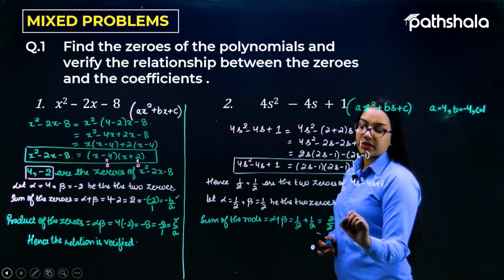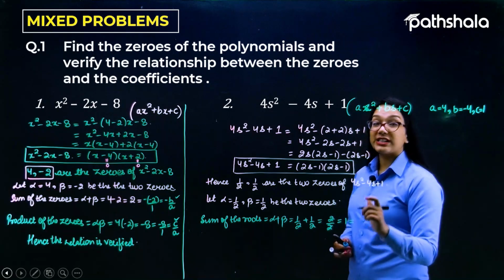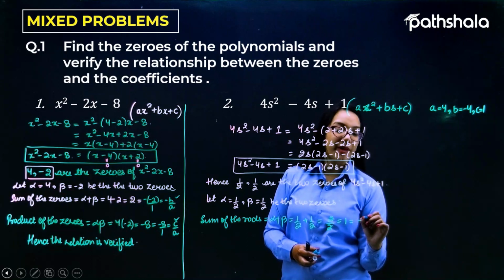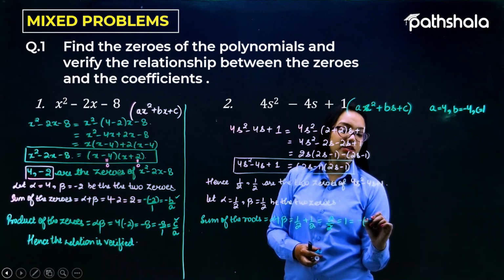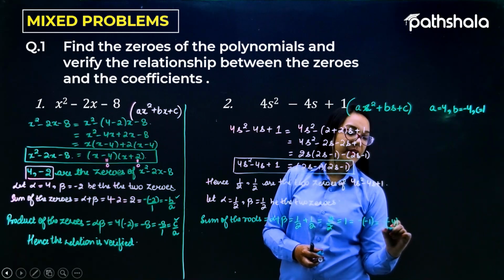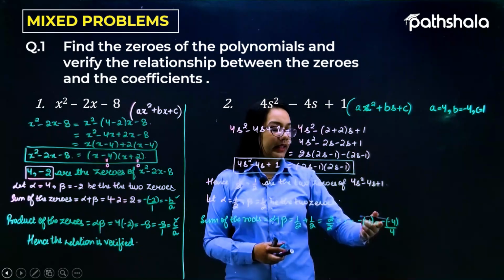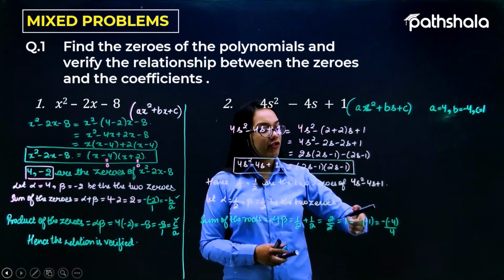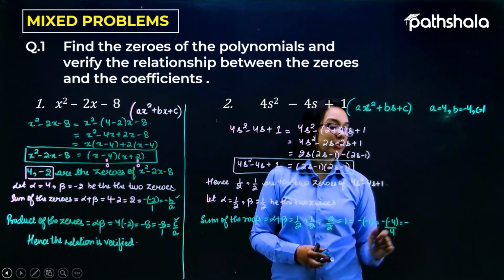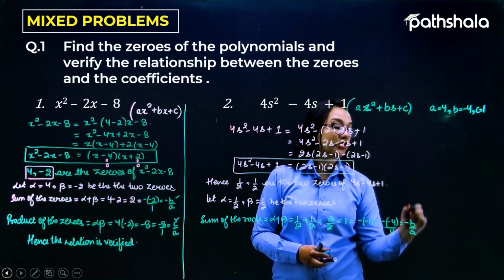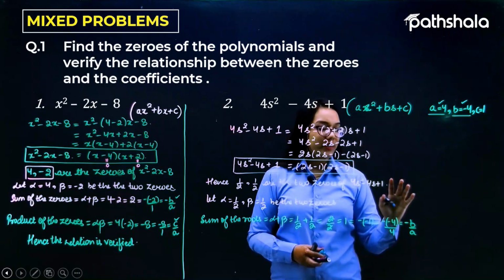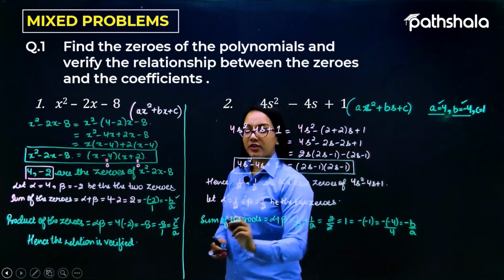Hence, this is equal to 1, and we can express 1 as minus 1, and further we can write it as minus 4 divided by 4. As 4 and 4 cancel with each other, we get minus 1 again, which is equal to 1 again. And further we can express it as minus b by a, because the value of b is minus 4 and a is 4.